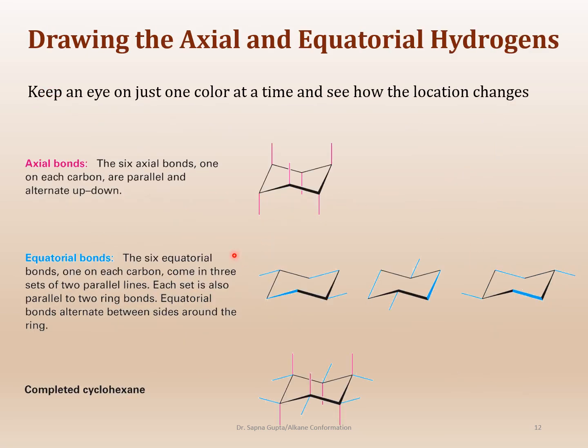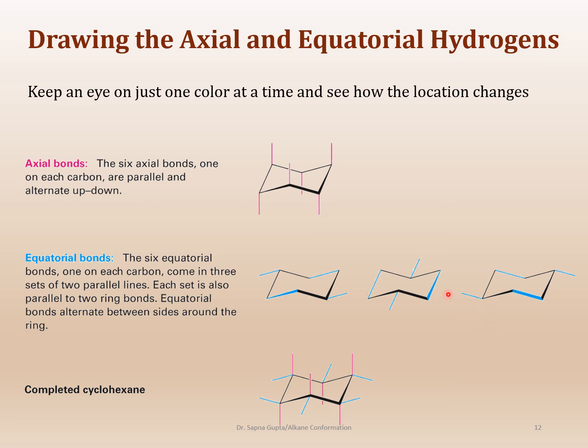There are two different kinds of hydrogens on any kind of cycloalkane. One is called axial, the other is called equatorial. The axial hydrogens are going completely up or completely down, like the axis of the earth. Completely going up, completely going down. These are drawn in pink over here. The second ones are called equatorial hydrogens, and equatorial hydrogens are like the equator.